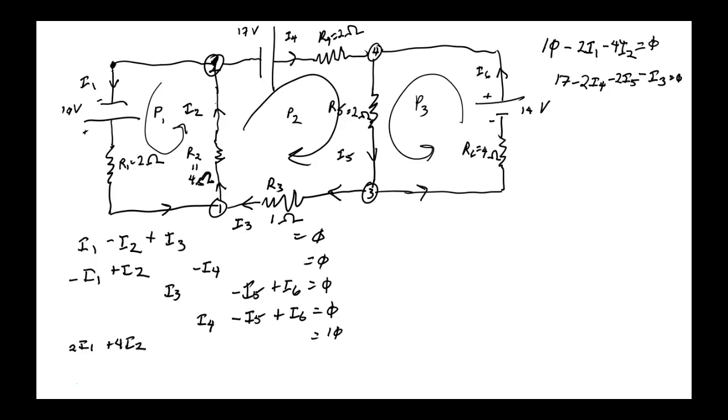Okay. So. I forgot we had one more resistance. Here we had a minus 4I2.